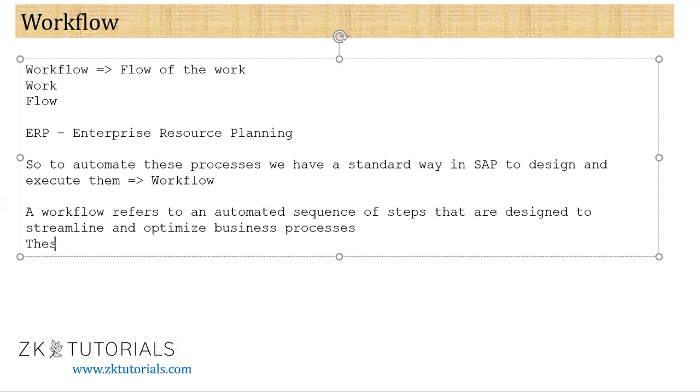Correct? These workflows define the flow of tasks, whatever the tasks are that are to be assigned, whether to the manager or to an employee. For example, a manager has to approve or decline the leave request. So these workflows define the flow of a task. In which way does it flow?